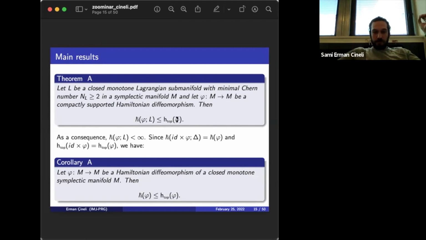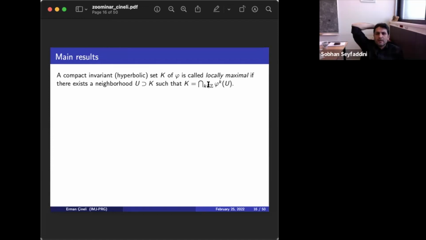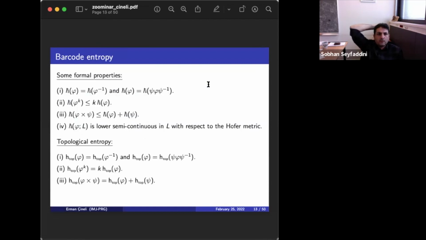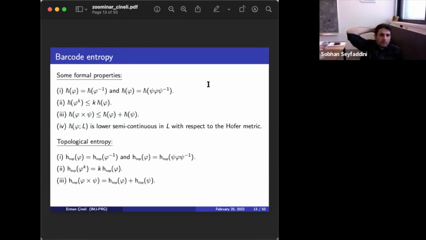Now we will try to do the other inequality. Can I ask a question? The properties you put on the previous slide, for the barcode entropy, do these follow more or less in a straightforward way from the properties of barcodes and the definition?